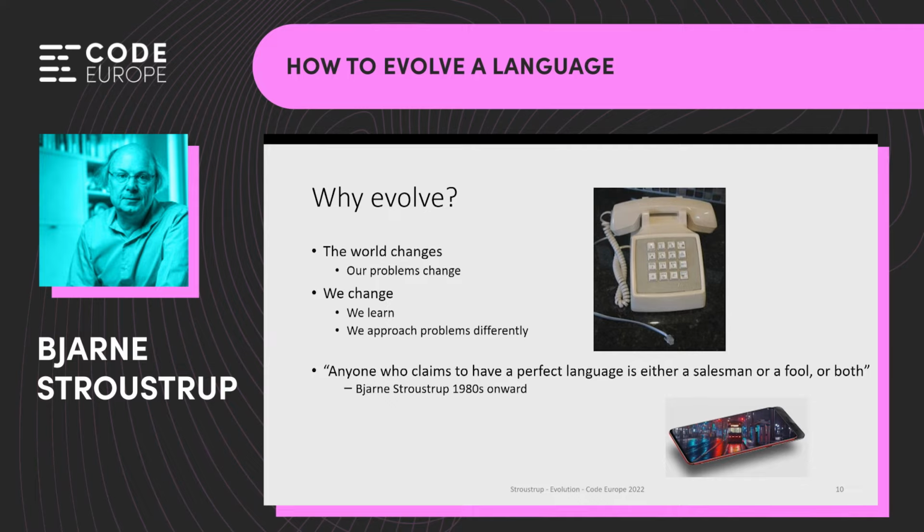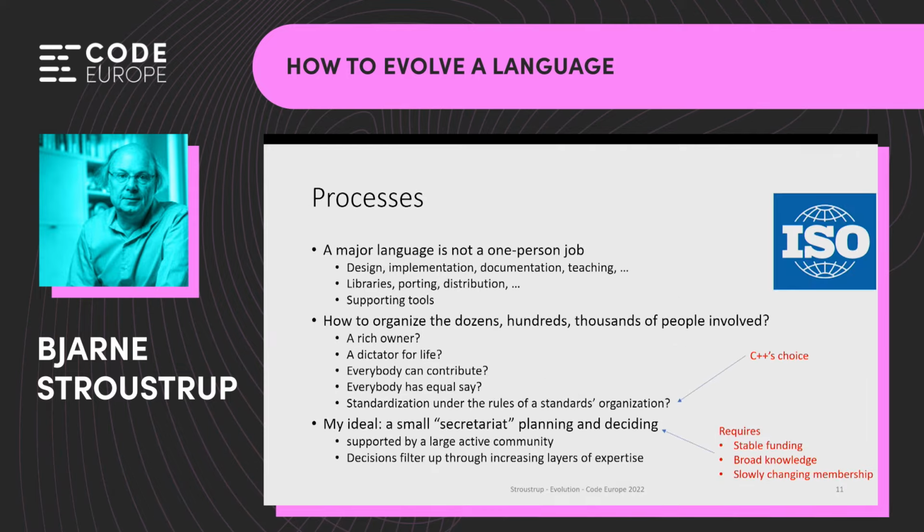This gives you an idea of the scale of evolution we're talking about. And after a while, when a language succeeds, it becomes no longer something that can be done by a single individual or a small group of people.